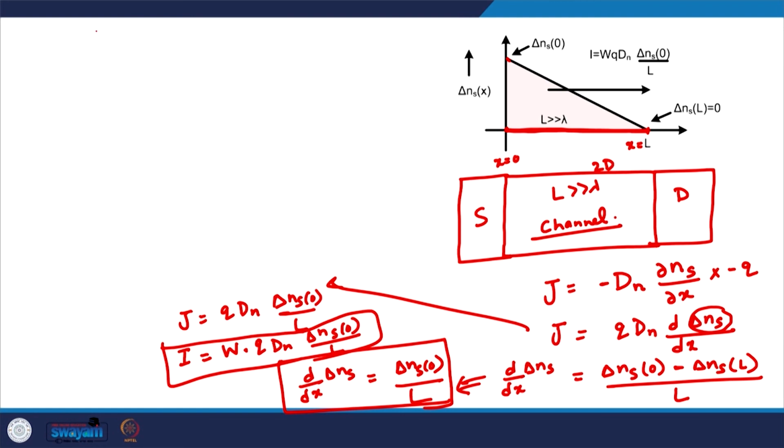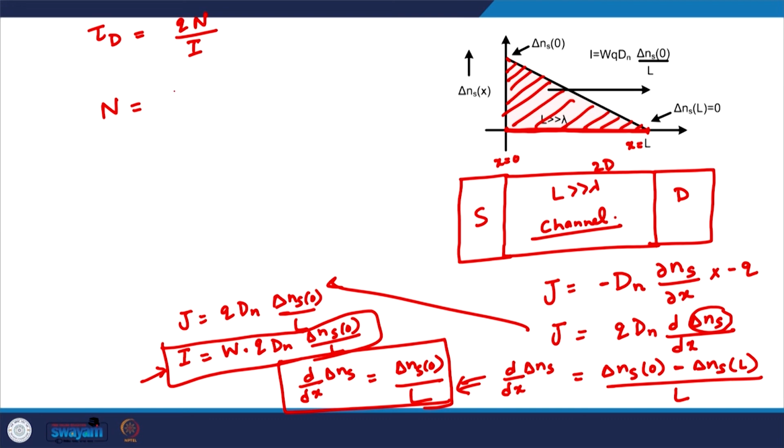And please also recall that in order to find out tau d, we need the steady state electronic population divided by the current. Now, the current we have obtained by application of Fick's law. This steady state electronic population is essentially the number of electrons in the channel, and the area under this curve will be the number of electrons in the channel in steady state.